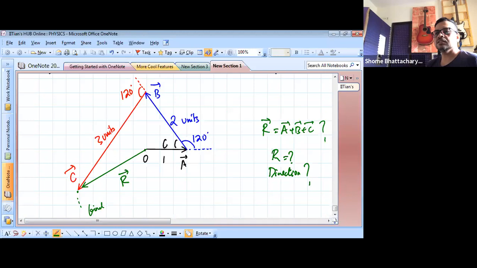This angle is 60. This angle is 60. So if I just continue this and make it a triangle, what kind of a triangle is this becoming? It's becoming an equilateral triangle, provided I've drawn this correctly. I'm just extending this line.